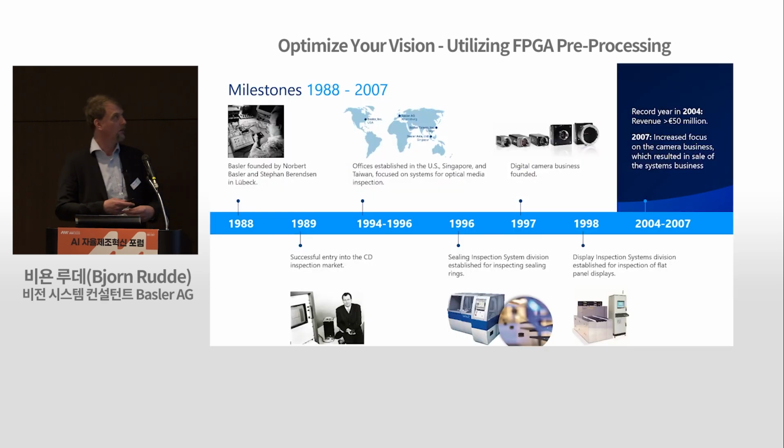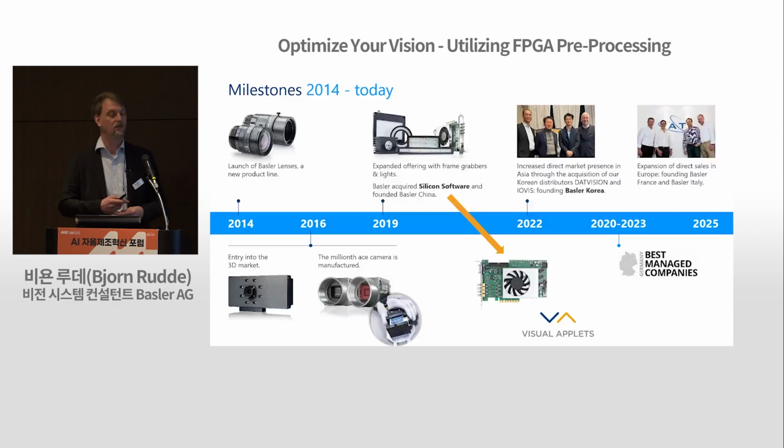When we look far back in time, we see Basler was founded in 1988. Then in 1997, it became a camera manufacturer, while it was already serving the market like digital display inspection. Then in 2019, one part was acquired, that was Silicon Software, already having a lot of experience in FPGA preprocessing and using Visual Applets as a product for this.